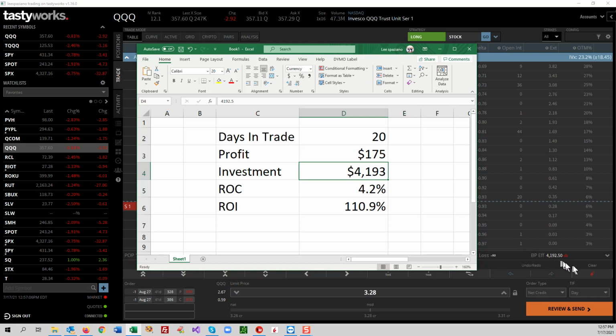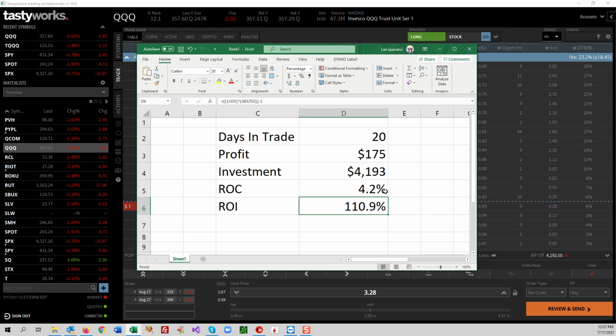Our total investment stays the same, but now we're in the trade for 20 days, and our profit was 175. Our return on capital went down to 4.2, but our return on investment went up to 110 because we made a little more than half in a little less than half the time, or whatever that works out to be.